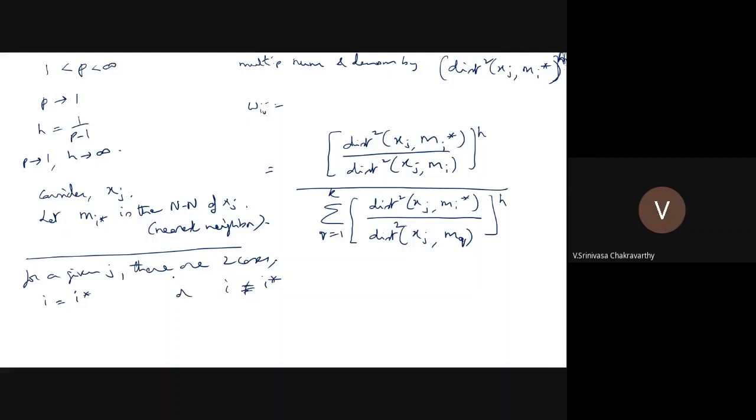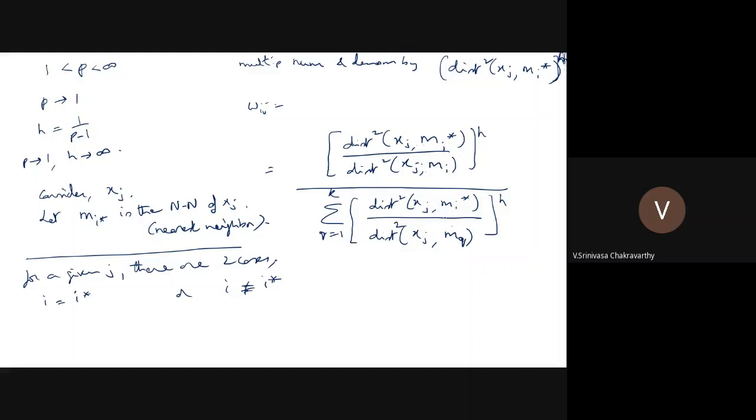If i is equal to i star, in the numerator and denominator both these terms will be the same, so this is actually 1 to the power h, which is 1. In the denominator also, you will have one of these terms equal to 1. All other terms will be less than 1, because the distance j mi star is the nearest neighbor distance, which is less than all other distances.